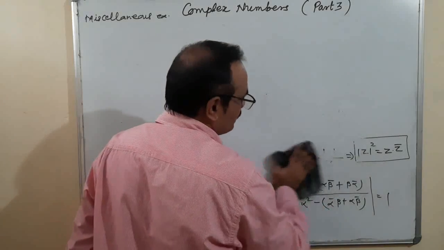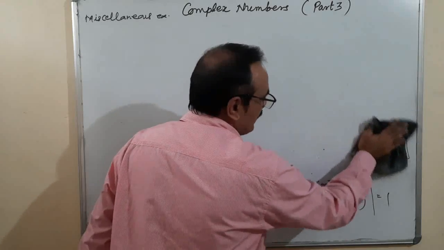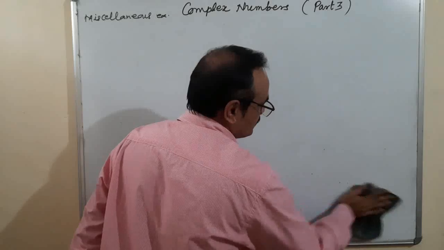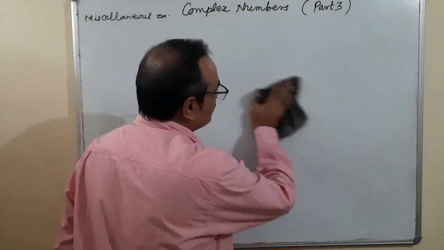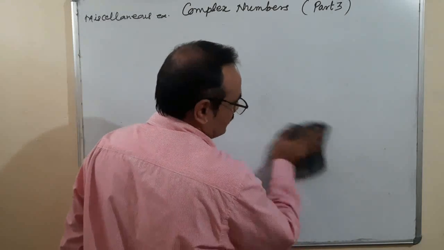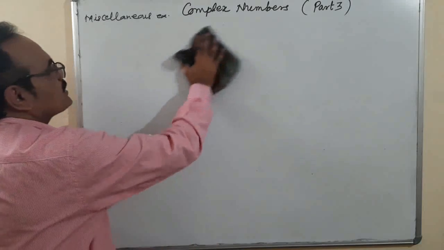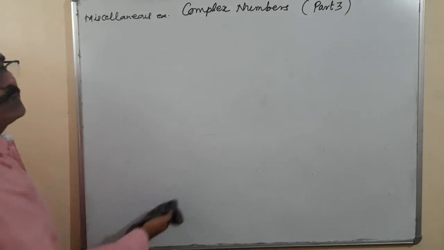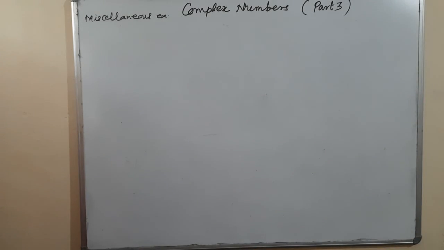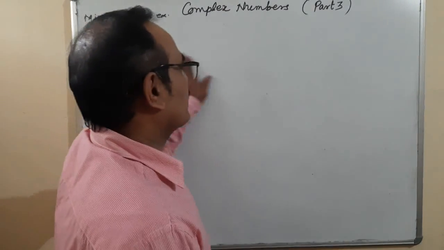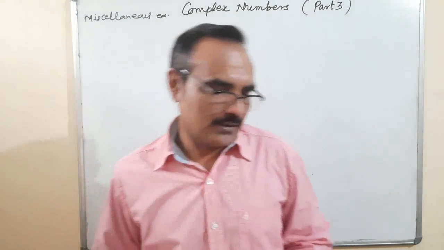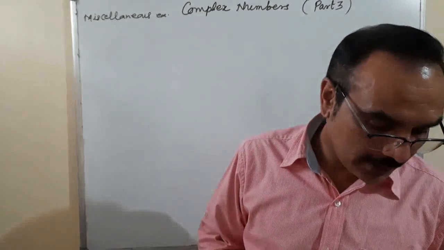If you have a doubt, simply take two numeric complex numbers in the form of Z1 and Z2. You will find the values of both: one is Z1 minus Z2, and second, Z1 conjugate minus Z2 conjugate. You will find that both the terms are equal.